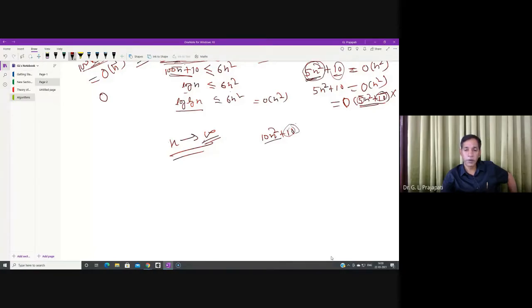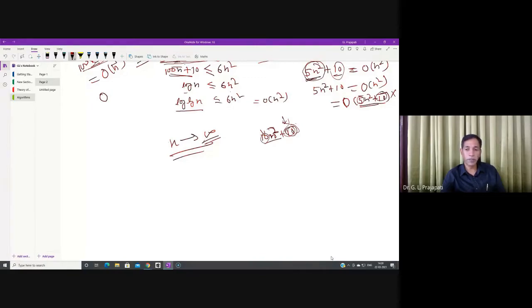For a large value of n, this lower order term is dominated. This is a constant, and this is the coefficient which is also a constant, but this is the variable, and once n tends to infinity, the rate of growth of this is very high as compared with this, and the lower order terms are dominated by the effect of the large value of n.